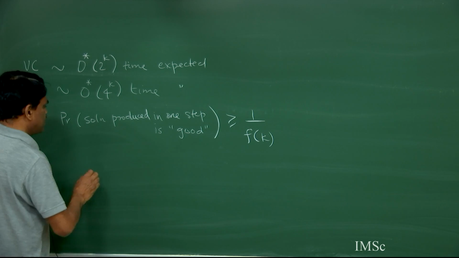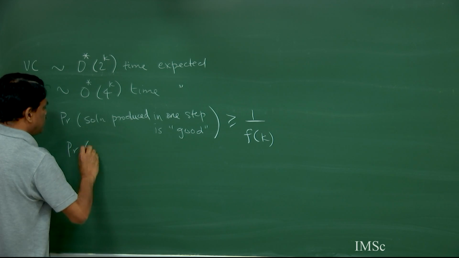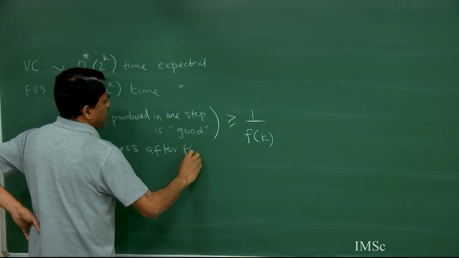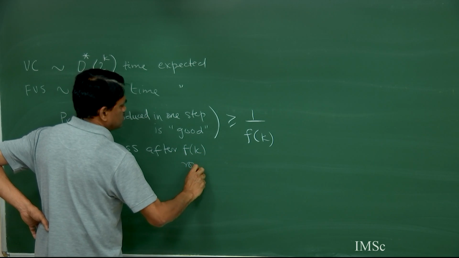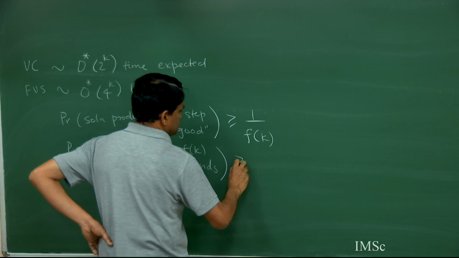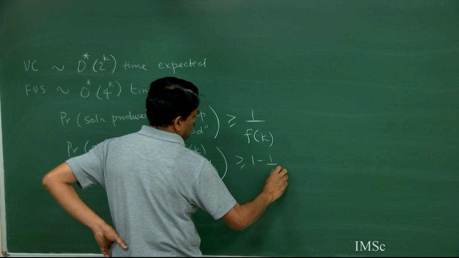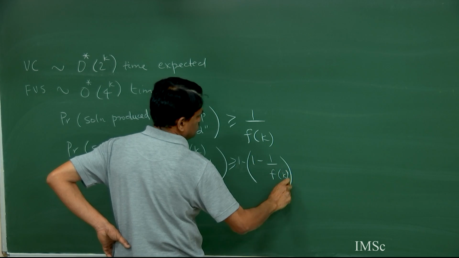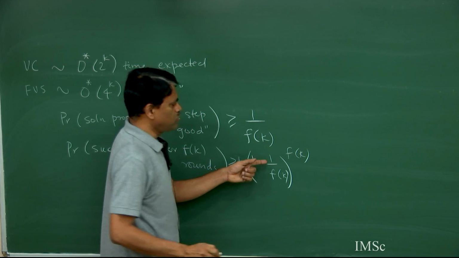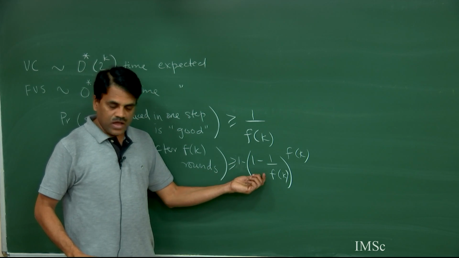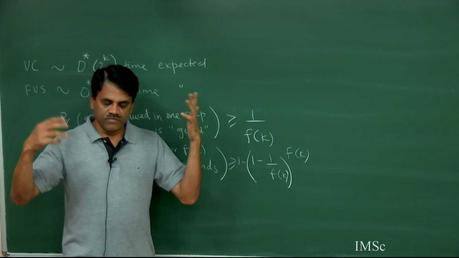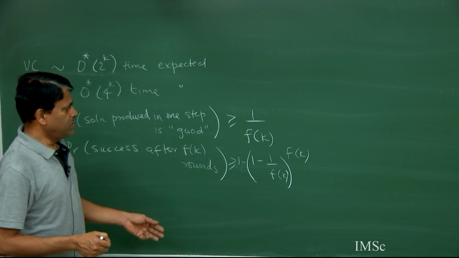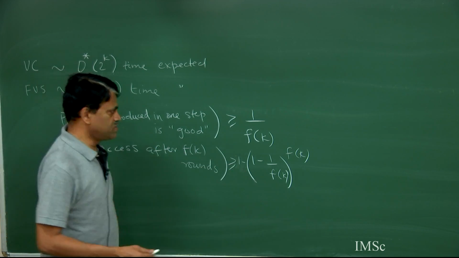So, the success probability after f of k rounds is at least 1 minus (1 minus 1 over f of k) raised to the power f of k, where 1 minus 1 over f of k is the failure probability at each step, so that you fail at each of the f of k steps, and so you succeed with probability at least this much.